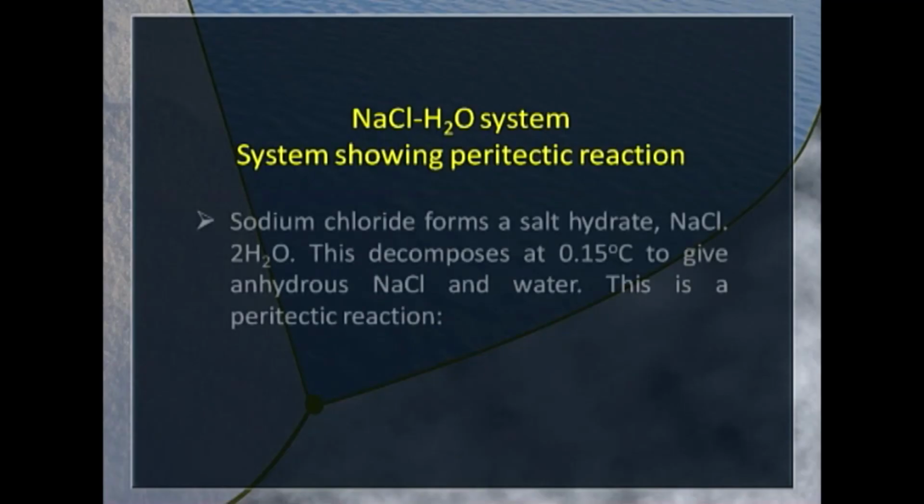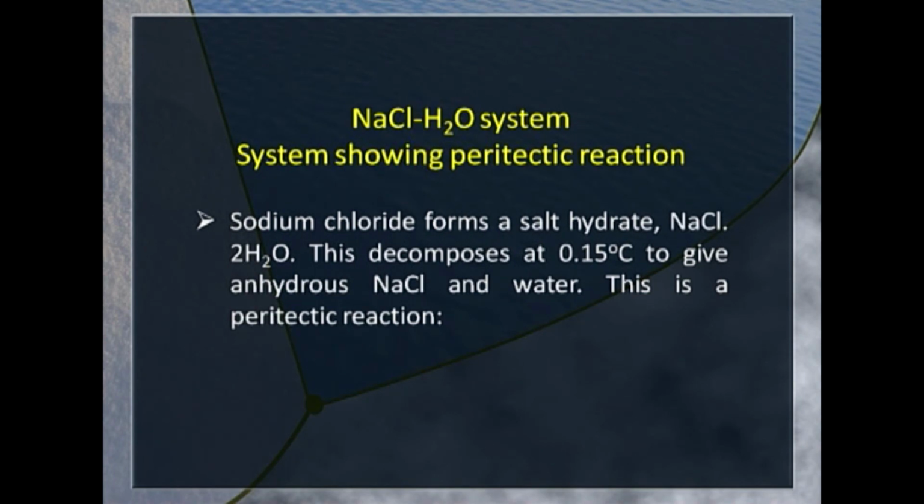In this case, sodium chloride forms a salt hydrate, NaCl·2H2O. It is a dihydrate. It decomposes at a temperature slightly higher than the freezing point of water, at 0.15 degrees centigrade, to give anhydrous sodium chloride and water.